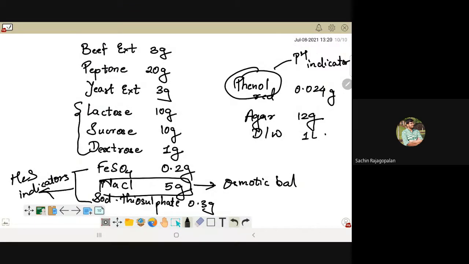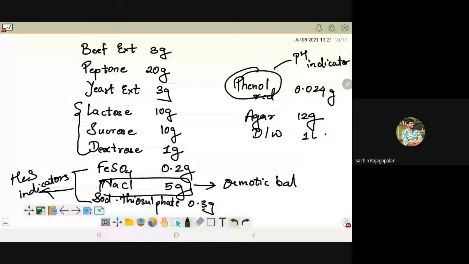Now, your question should be, why are we making use of three sugars? What is the purpose of making use of three sugars, and that too wherein dextrose is in 10 times lower concentration as compared to lactose and sucrose? In these circumstances, we are trying to check the ability of the organism to ferment carbohydrates.